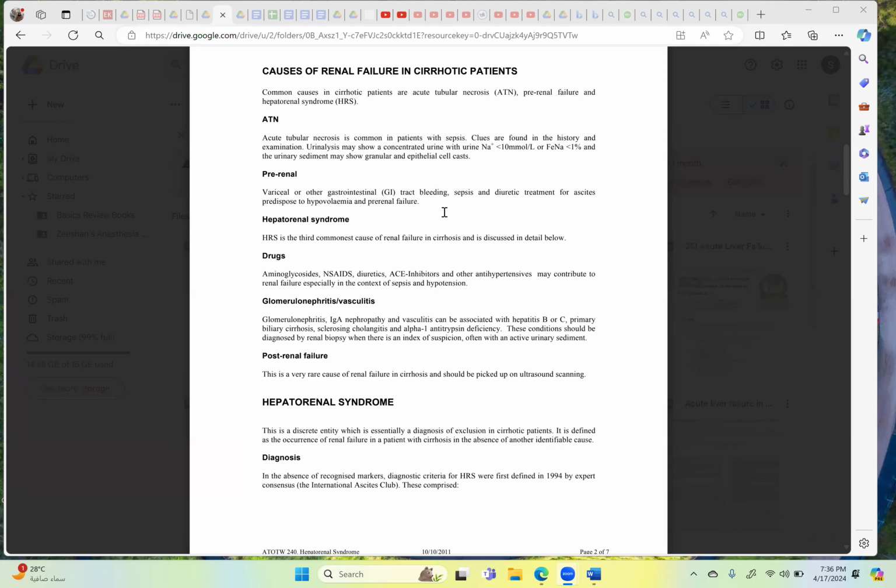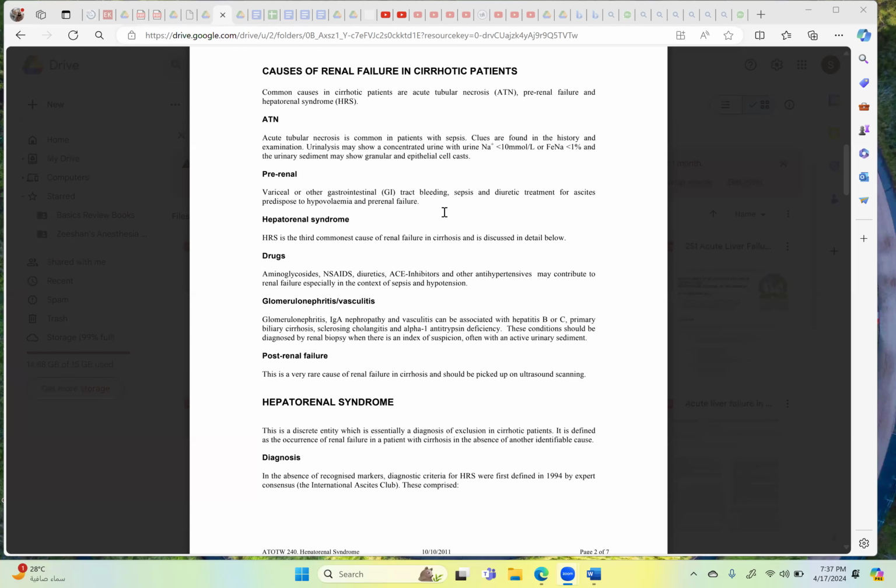Similarly, when they are trying to probe the cause of liver problem, don't forget blood transfusion. Blood transfusion is related not only to spread of infection, but is also sometimes associated with autoimmune hepatitis.